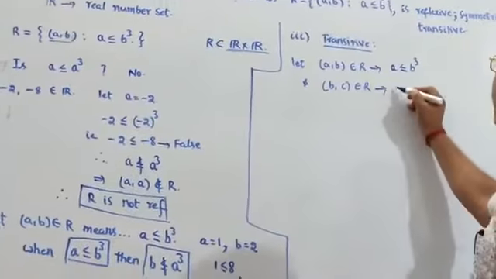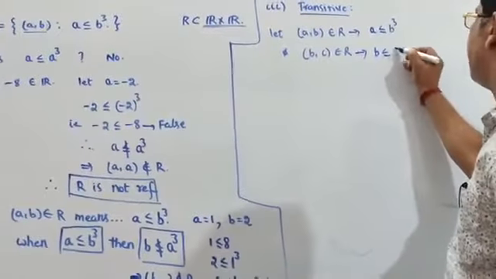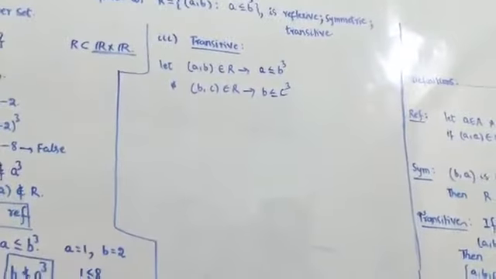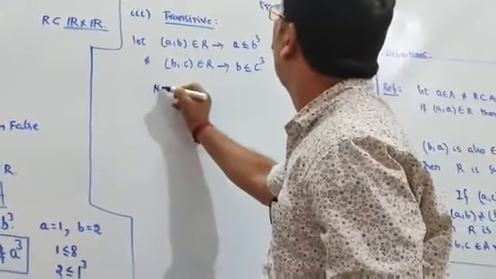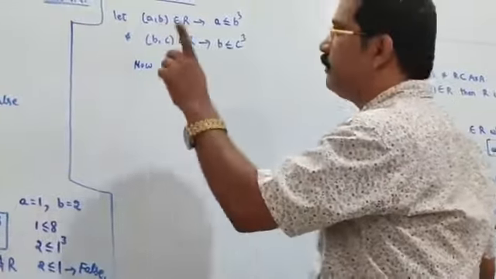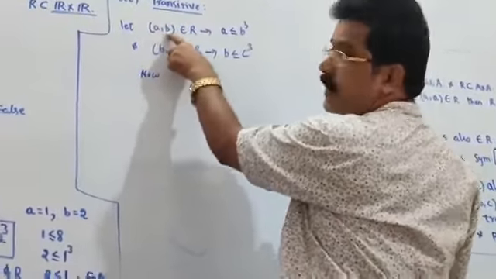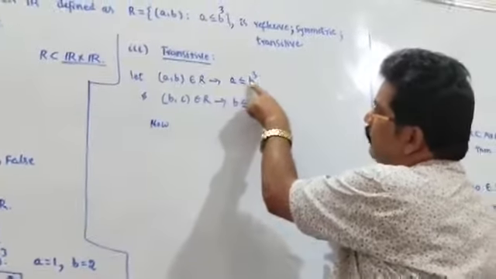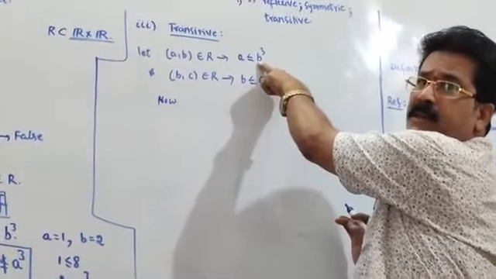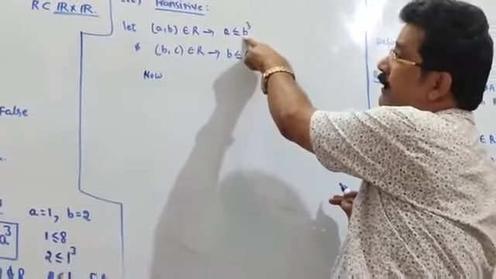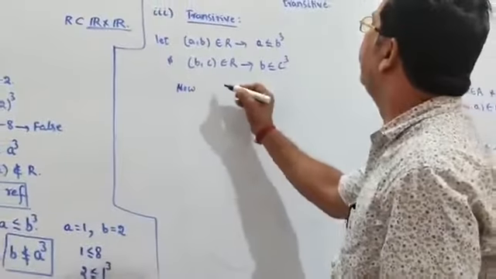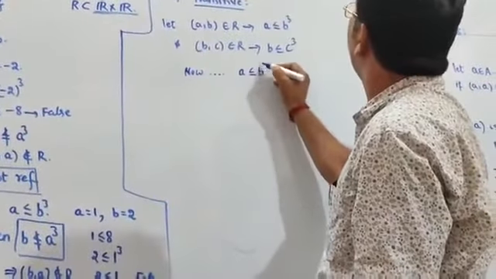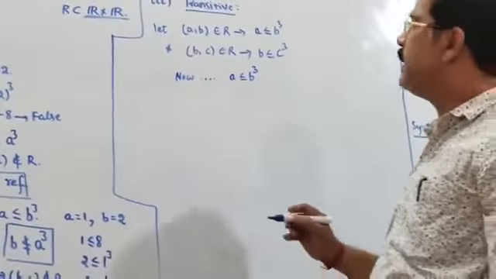If (A, B) belongs to R, then the first element is less than or equal to the second element cubed. That's why let us consider A less than or equal to B cubed.